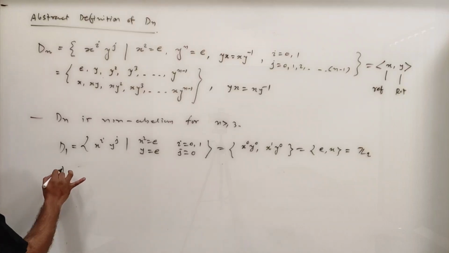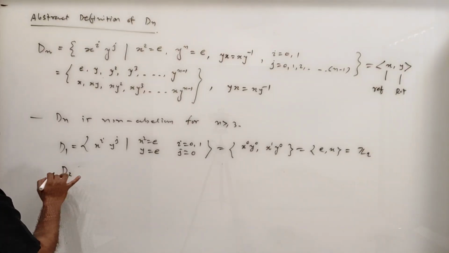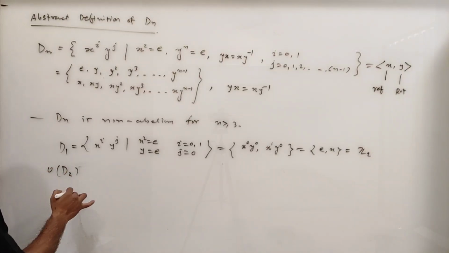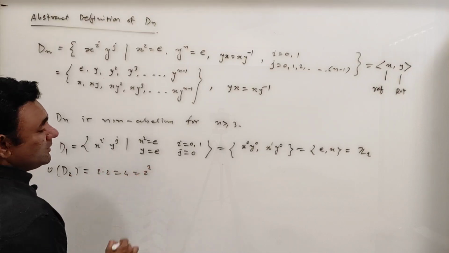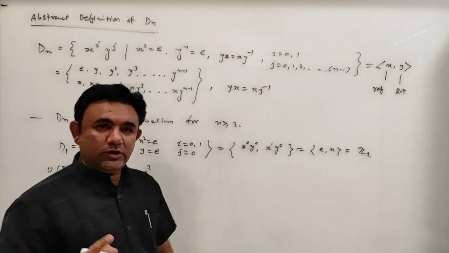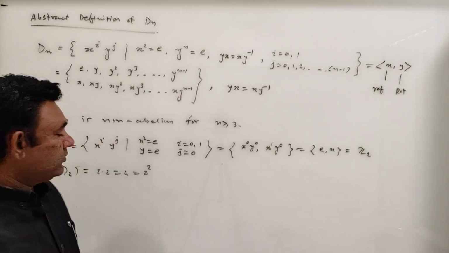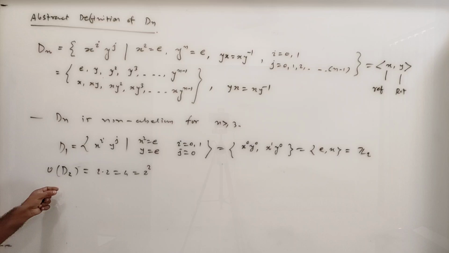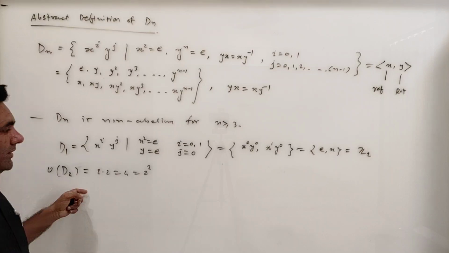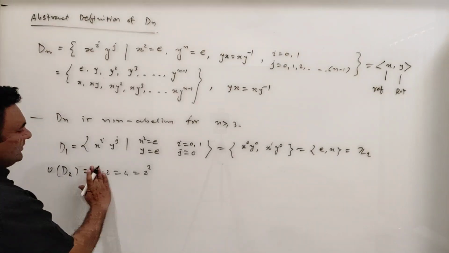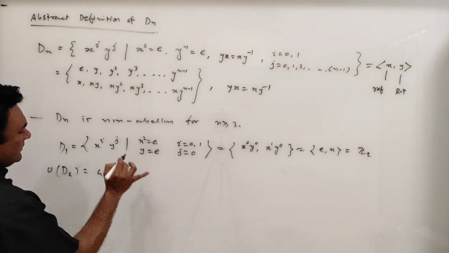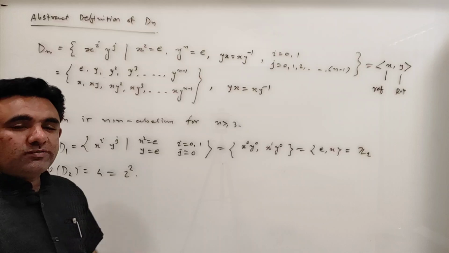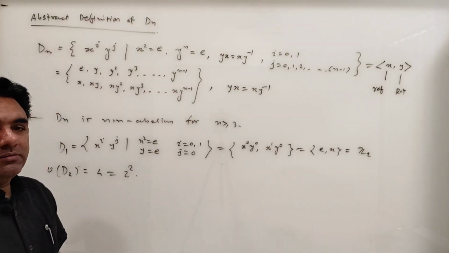And what will be d2? So order of d2 will be what? Order of d2 will be 2 into 2, that is 4. 4 means 2 square, prime is square, so it must be abelian. तो वो ये मुझे abelian मिलेगा. It will not be cyclic. देख लेते हैं कैसा मिल रहा है. Okay, we'll see in next lecture. It is 2 square, so it is abelian.